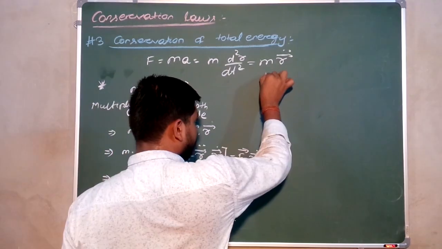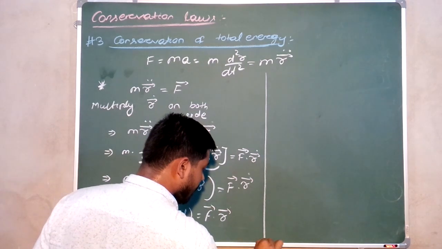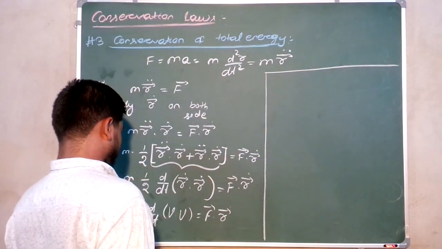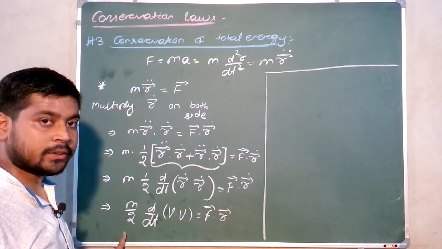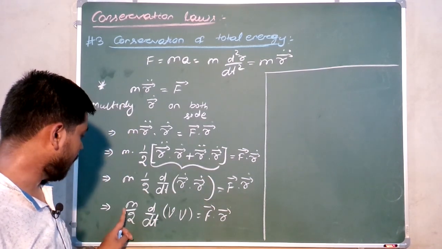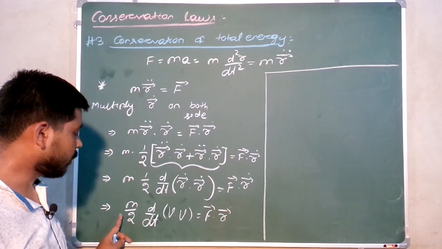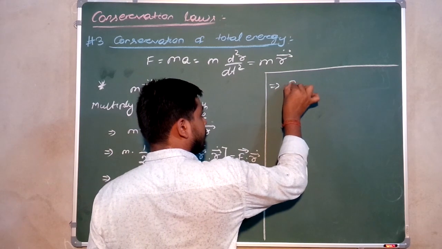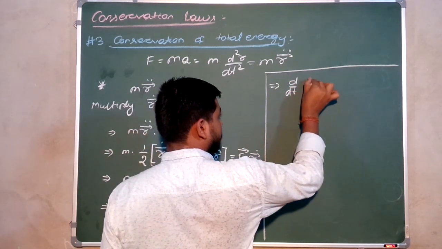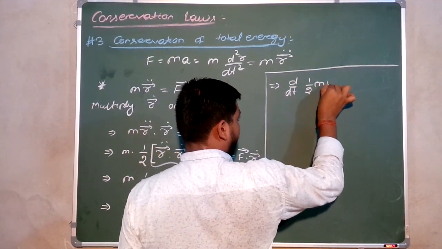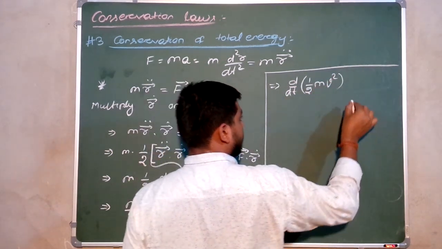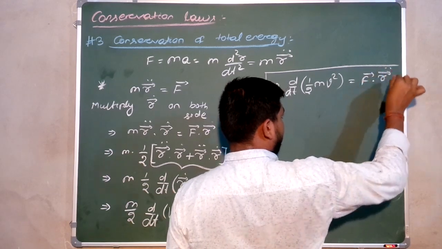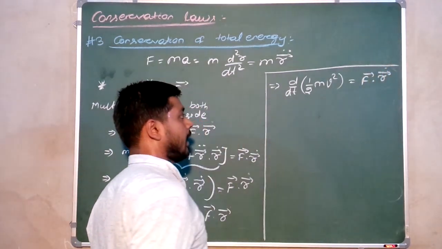m and 2 are both independent of time, so m and 2 can enter into the derivative. That is d by dt of half m v square equal to F dot r dot.